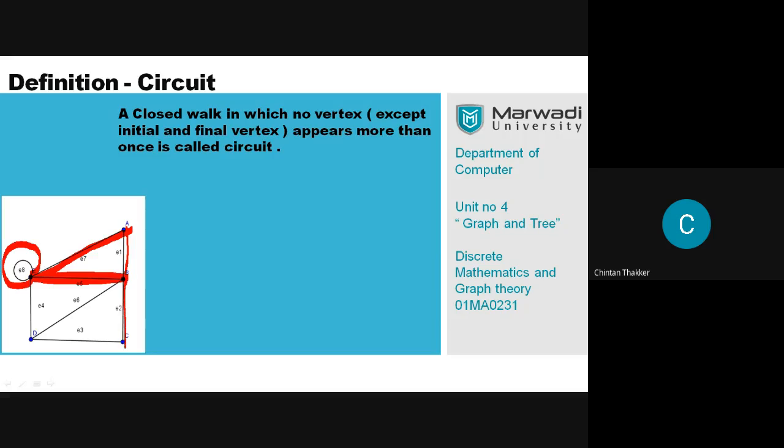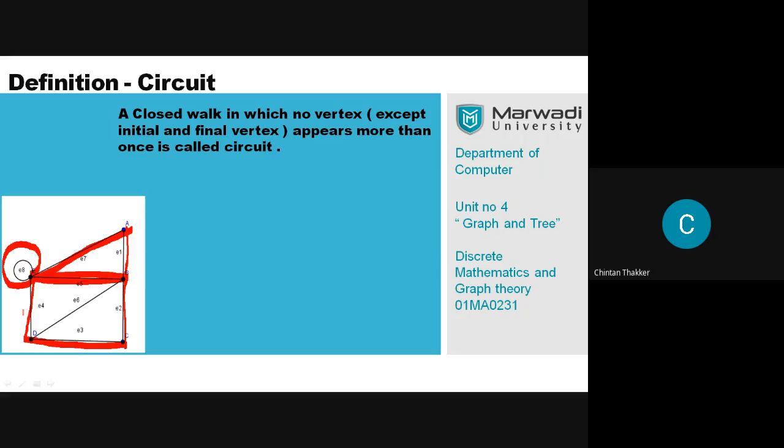Then here you have one more circuit from E to E: A to B by E5, then B to C by E2, then C to D by E3, then D to E again by E4.